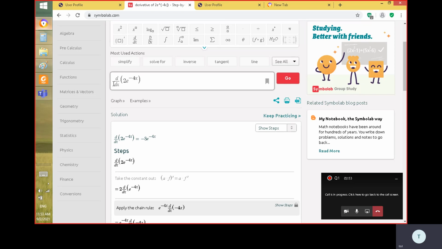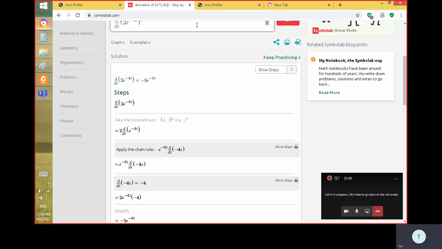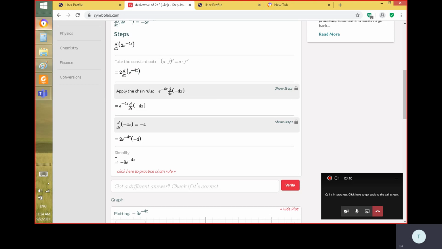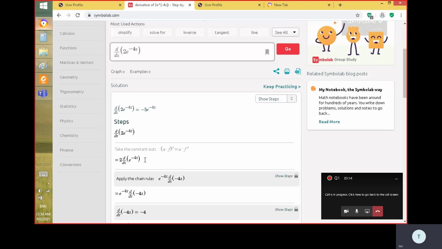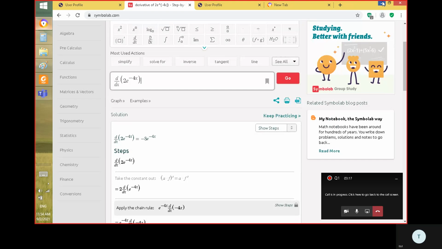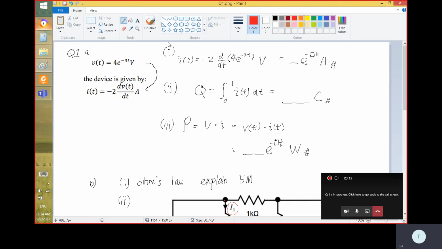Now I'm doing d/dt. You just key in something like this, you can replace the x with the t, and then this website can show the result here, this derivative. Okay, this is for part 1.